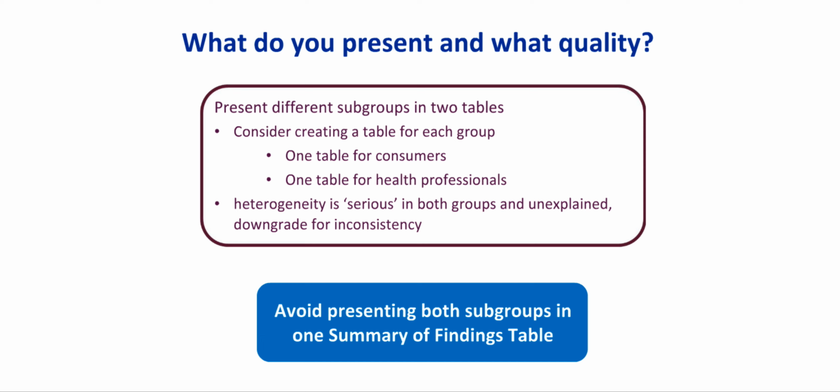That is, one would consider a summary of findings table for each group, one table for consumers, one table for health professionals. The heterogeneity is considerable or serious in both groups and unexplained, and therefore one would downgrade for inconsistency for both populations. In regards to preparing summary of findings tables or evidence profiles, one would avoid presenting both subgroups in one of these tables.